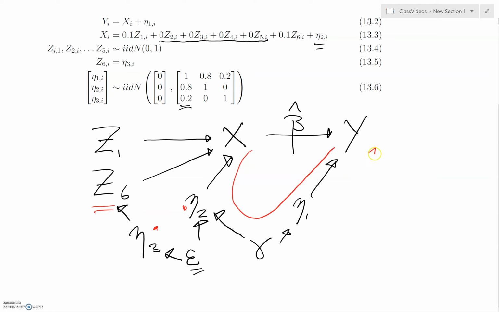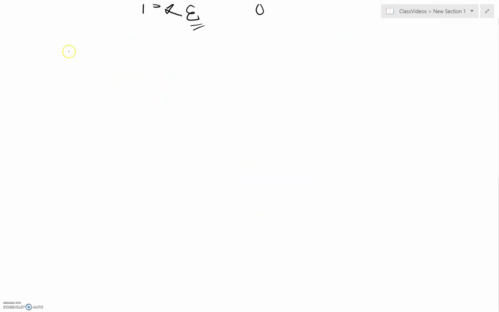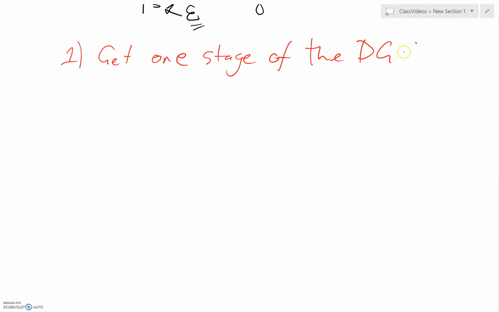in one go. So the first step is, actually I'll need a bit more space. The first step is get one stage of the data generating process, or DGP, going.